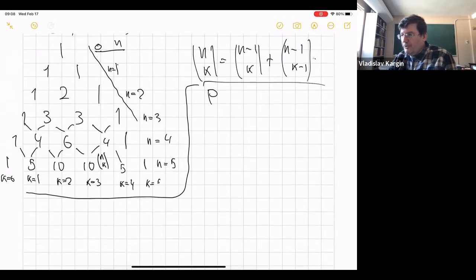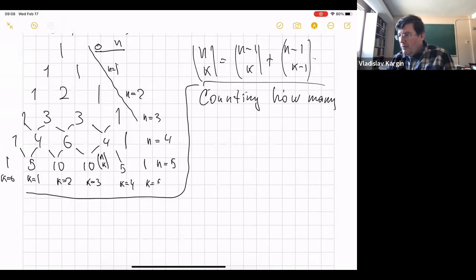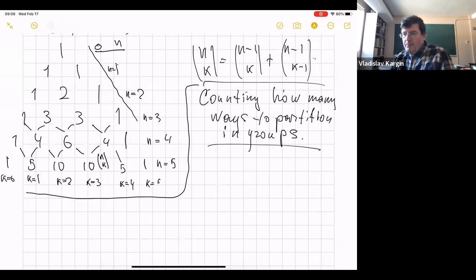Let's look at counting how many ways to partition in groups. Right? And here's an example.